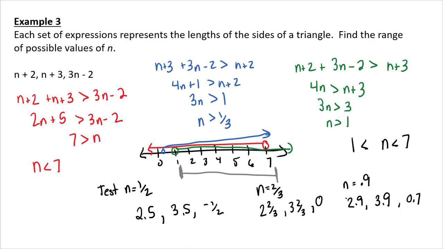Is that greater than 3.9? That ended up being 3.6, which is not greater than 3.9. Okay. So I tested a few numbers in between here and I came up with all possibilities not triangles.